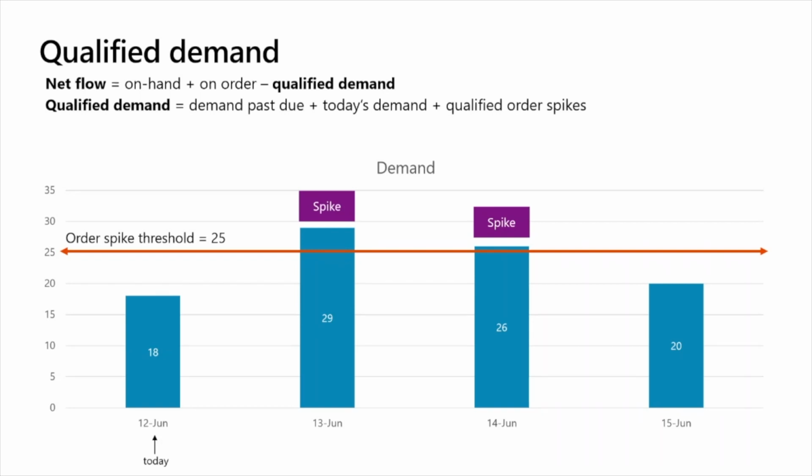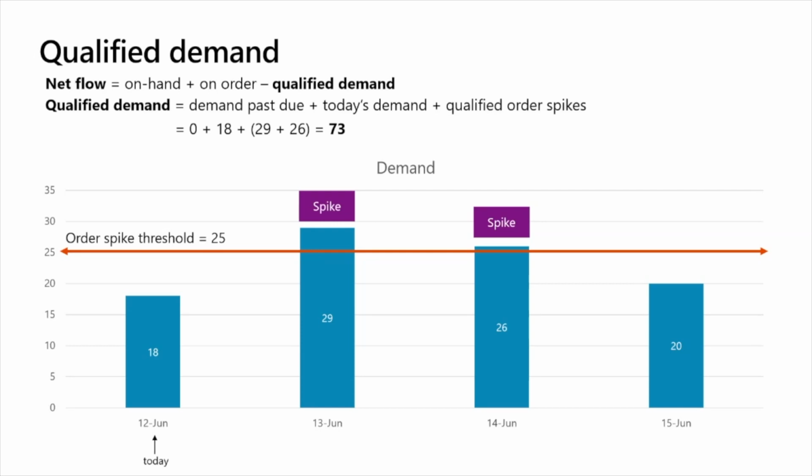So when I calculate the qualified demand for this example, we're going to assume there's no demand past due, so we'll use 0 there. We'll incorporate today's demand, which is 18 eaches, and then the 2 orders that qualified as spikes, the 29 and the 26, and get a qualified demand of 73.